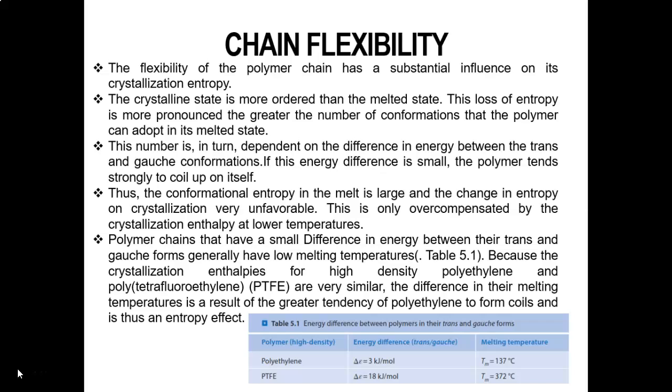Okay, entropy. What is entropy? Entropy is given by the symbol S. This is the thermodynamic property that describes the amount of molecular randomness or disorder in a system. It is a state function, meaning that its value does not depend on the path used to arrive at a specific set of conditions.